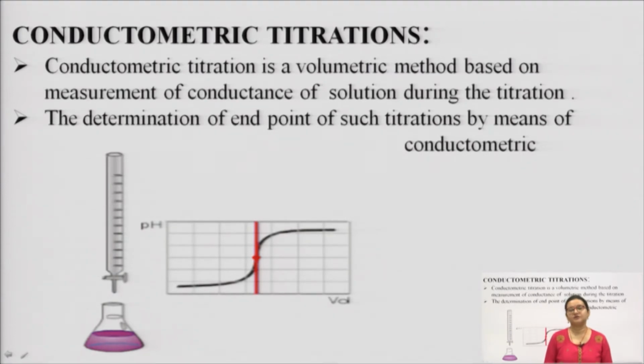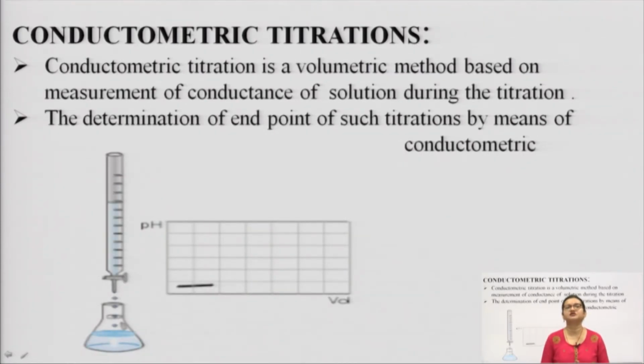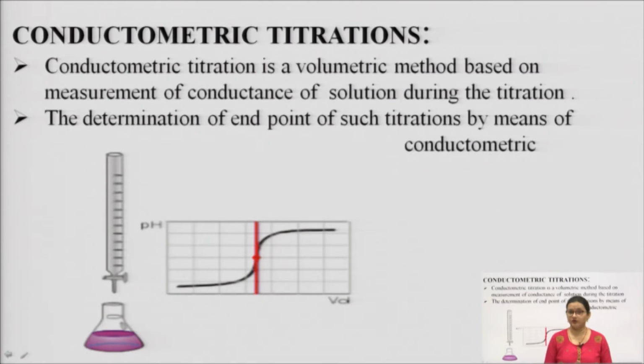It is based on measurement of conductance by the measurement of voltage, or electropotential generated between the electrodes, that generates a current which is denoted by I in amperes. That current generated will give you the conductance of the conductivity cell, which in turn is related to the number of ions.